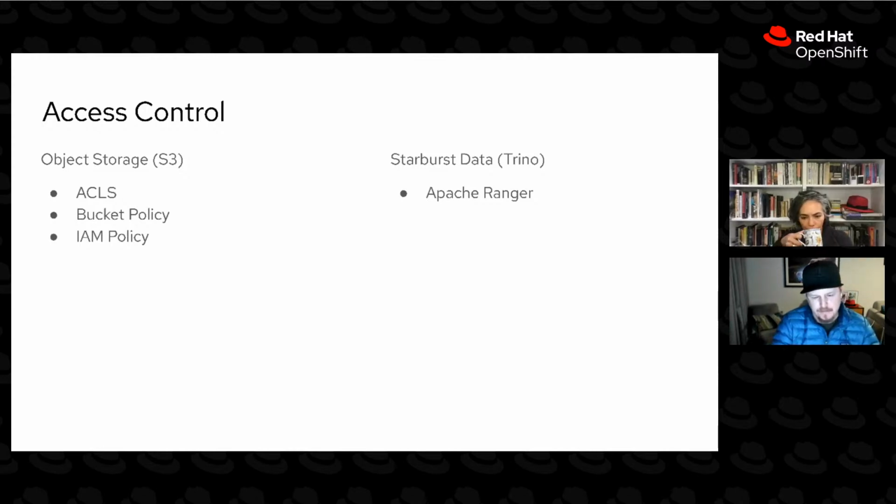But over the years it started to get more sophisticated, and the next step in the evolution of access control was the introduction of bucket policy, which is pretty powerful because it means that the access control is actually controlled at the point where the data lives, right?